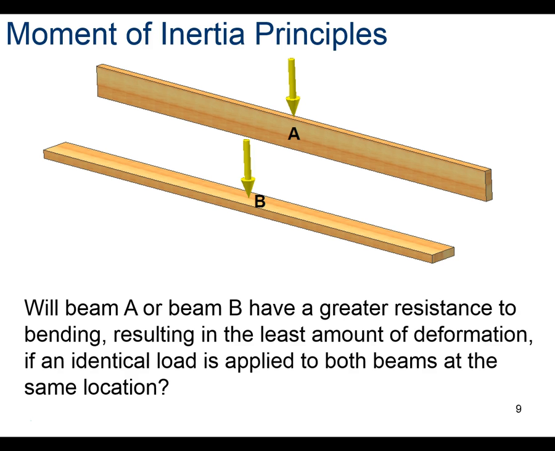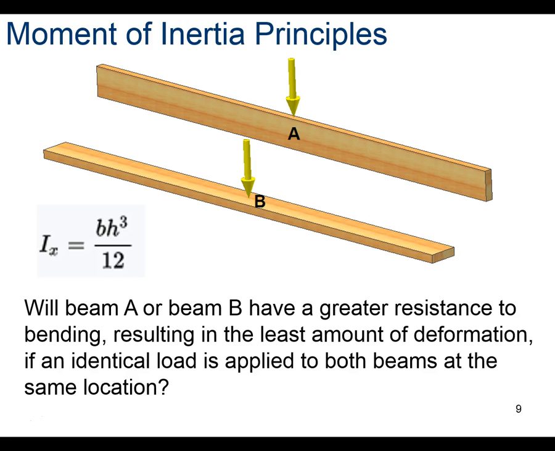If we were to place the same load on both beams, would they react the same? Maybe some of you intuitively can see that the answer to this question is no. Will beam A or beam B have a greater resistance to bending? Or in other words, which will have the higher area moment of inertia? If you cannot see the right answer, then think about the equation for calculating the area moment of inertia for a rectangular cross-section.